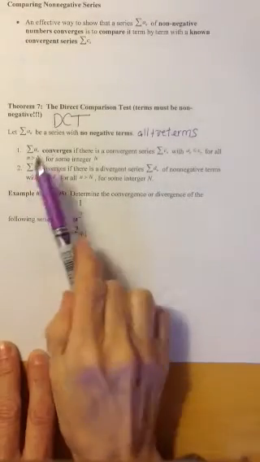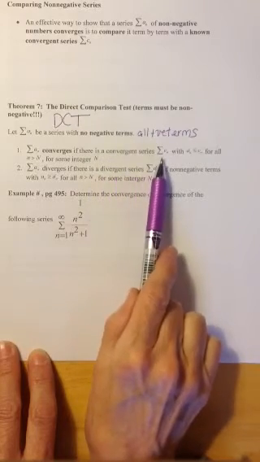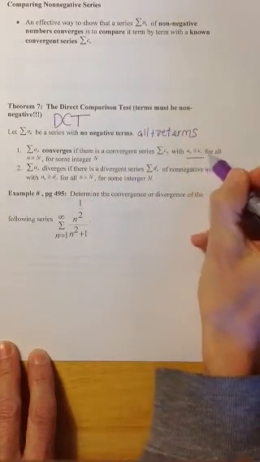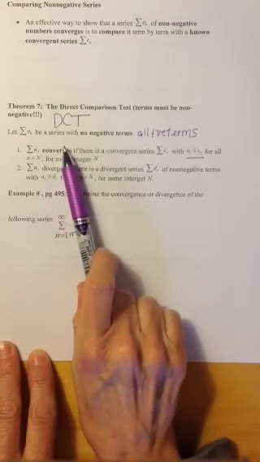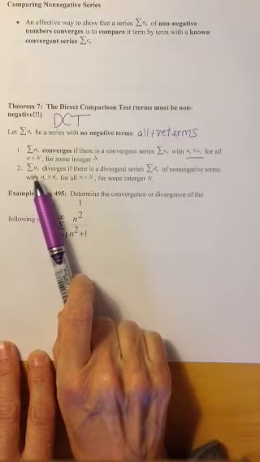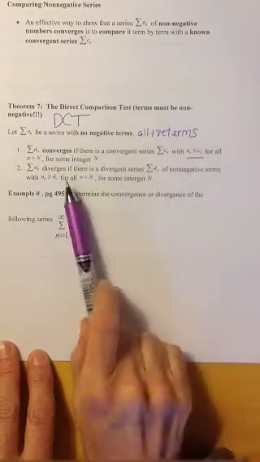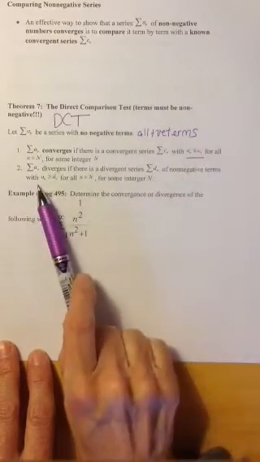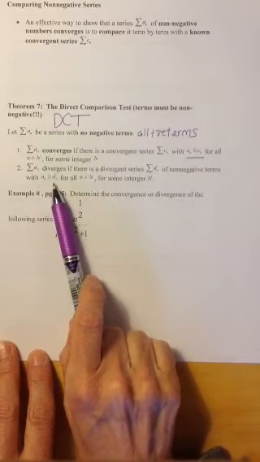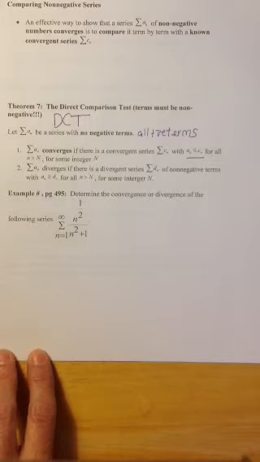We say that the series a sub n converges if there is a convergent series c sub n, and as long as a sub n is less than or equal to c sub n for all n, then we converge. On the flip side, we say that a sub n diverges if there is a divergent series such that a sub n is greater than or equal to the divergent series for all n. Then we diverge. Let's take a look at this next example.